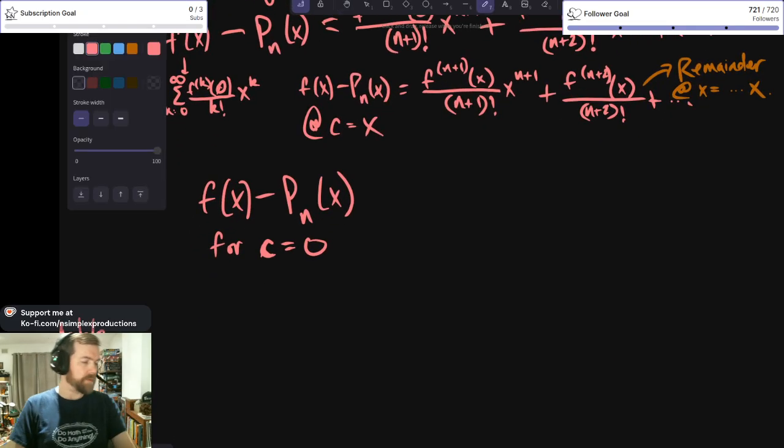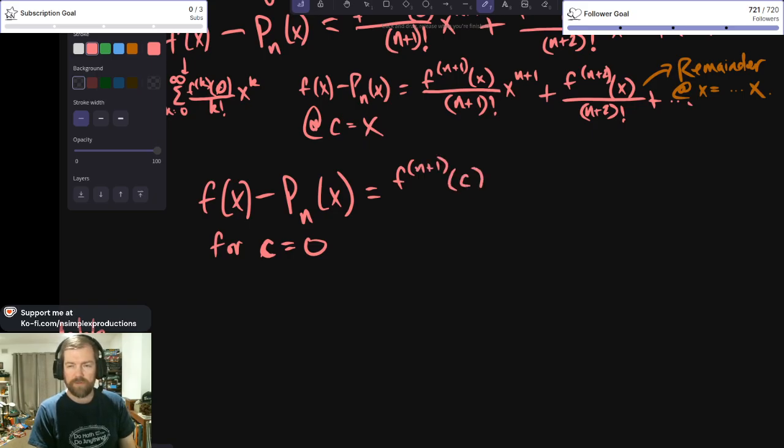So if our c is equal to 0, then one of the things that we could say is that we end up with the incurred error of the n plus 1th derivative of f at some particular... I shouldn't use c, should I?